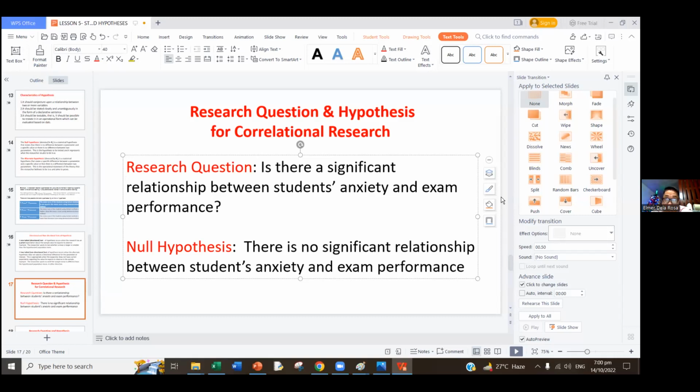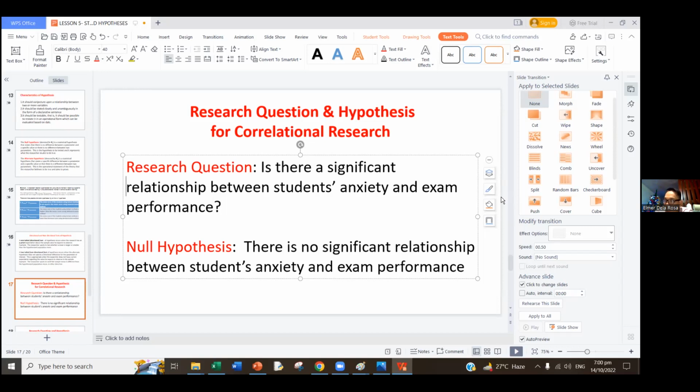Ngayon, kung mayroon kang a priori expectation at base sa literature, ay alam mo na ang batang anxious ay mababa ang exam performance, ano ang magiging alternate hypothesis? Von, will you try? Sabi ng literature ay yun daw batang mataas ang anxiety ay kadalasan mababa ang performance.